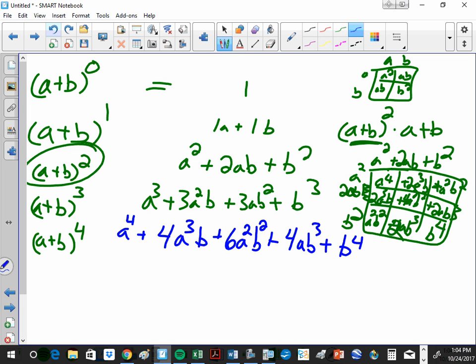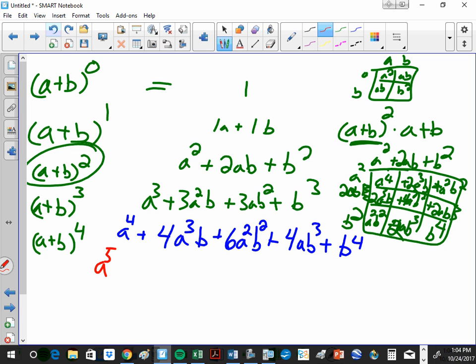So if I go across the row, Tiana's looking at the exponents. What do you notice about the exponents? So the b's get bigger as we go to the right, and the a's get smaller. So without looking at the coefficients, what would the exponents be on the next line? What would the first one be?